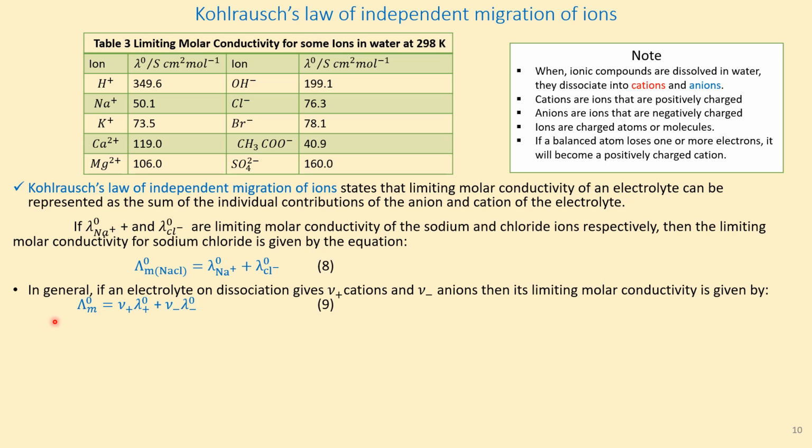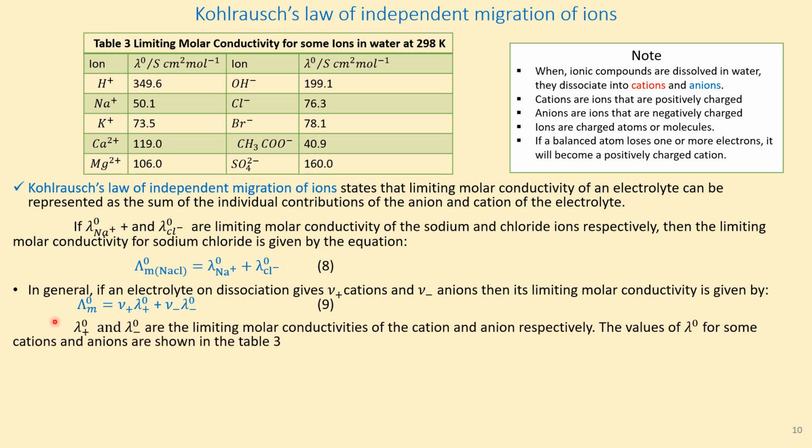Let it be equation 9. Here λ°+ and λ°− are limiting molar conductivities of cations and anions respectively. The values of λ° for some cations and anions are shown in table number 3.